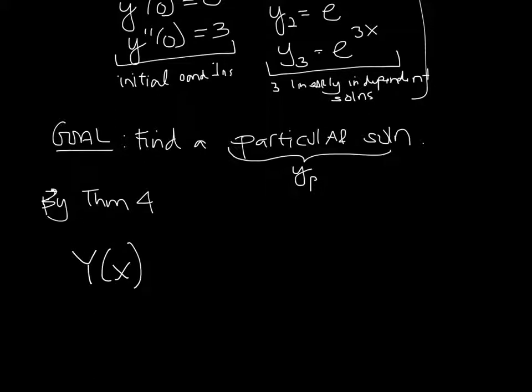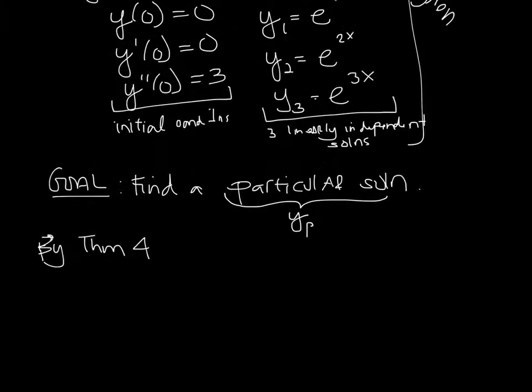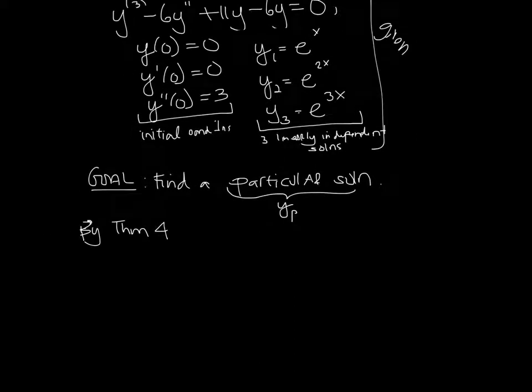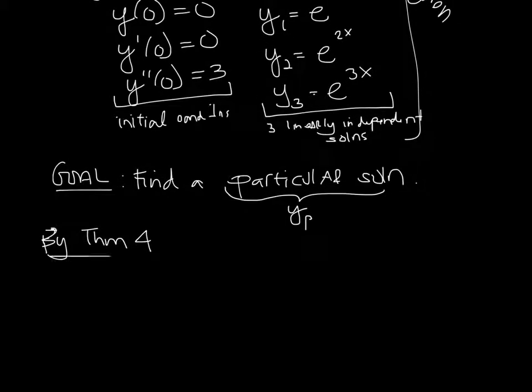On theorem 4, you're given y to the n. Actually, let's go ahead and write it down, it's not a bad idea since we're learning here. So by theorem 4, we have our three linearly independent solutions.